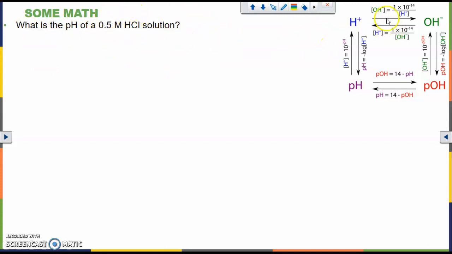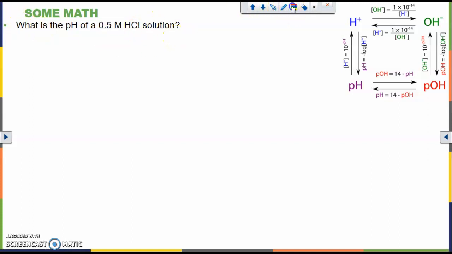Now, if you see here, hydrogen ion concentration is the same as the molarity of hydrochloric acid, or HCl. So in this case, this is an acid. So in solution, this compound is going to give off hydrogen ions, right? And we're going to be assuming that this is an aqueous solution, okay? All of this is going to be aqueous solutions.